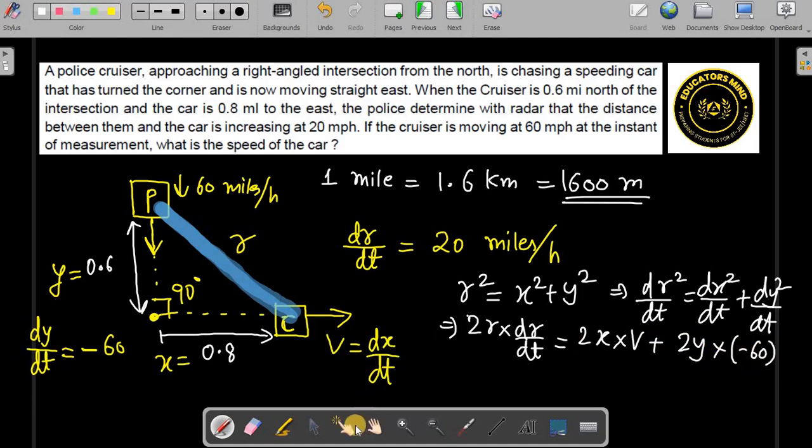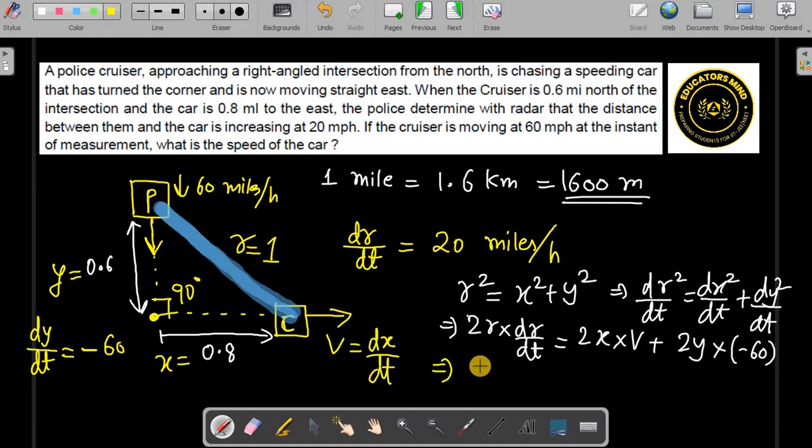Now substitute and calculate the values. At this position, x is 0.8 and y is 0.6, so how much will r be? It's the Pythagoras theorem. 0.6 square is 0.36 and 0.8 square is 0.64, so this will come to 1.